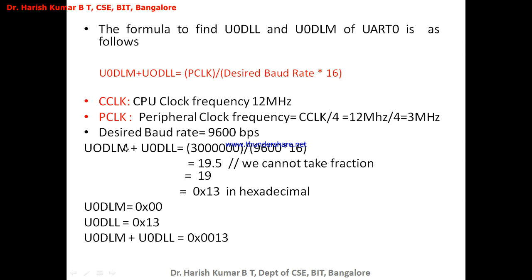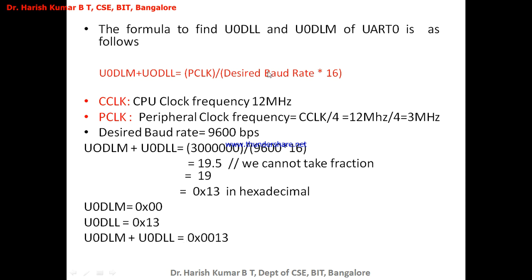This is the 8-bit register which acts as MSB, and this is the 8-bit register which acts as LSB. Now what goes to this? This is my data. I got 13. So U0DLM is 00 and U0DLL is 13. When I combine them together, it is 16-bit data, 0x0013. So this 0 is this 0 and 13 is this.